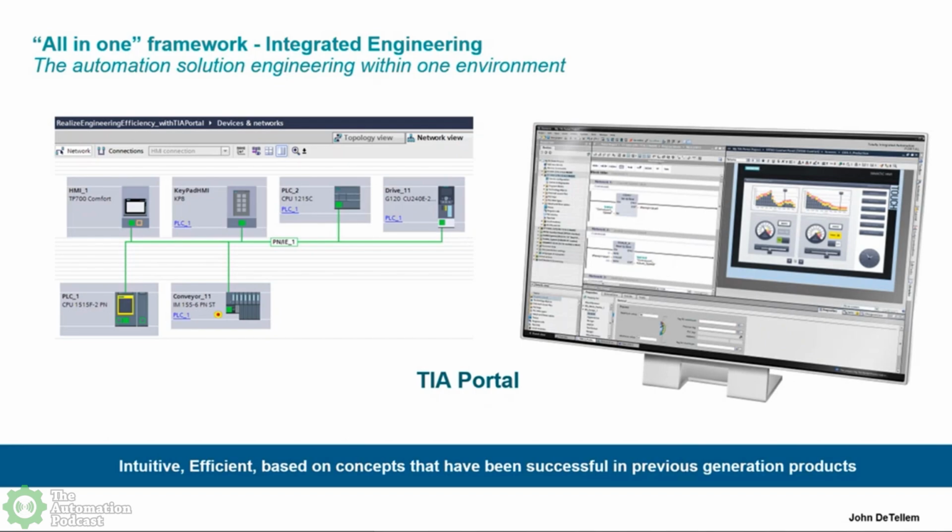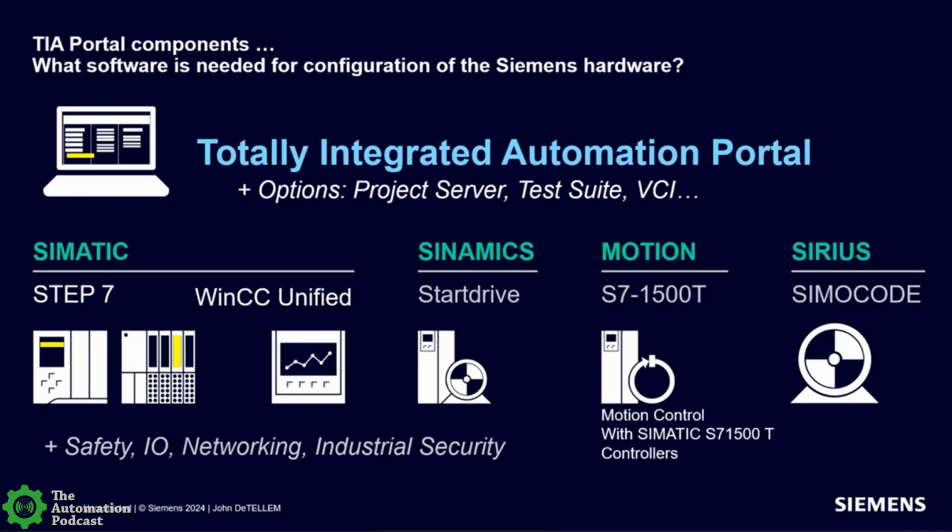So fundamentally, we're working in the engineering framework known as the TIA Portal for engineering the architecture for the automation solution, of course, the PLCs, the I/O, the HMIs, motion control, safety, and those components. In our framework, that comprises the STEP 7 component that's installed with the TIA Portal for the PLCs, WinCC for the HMIs.